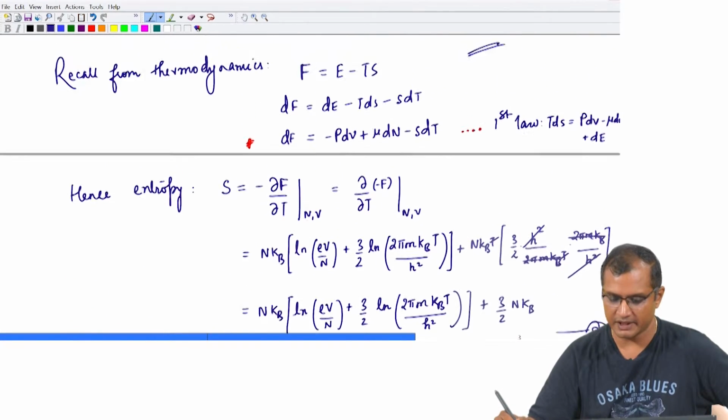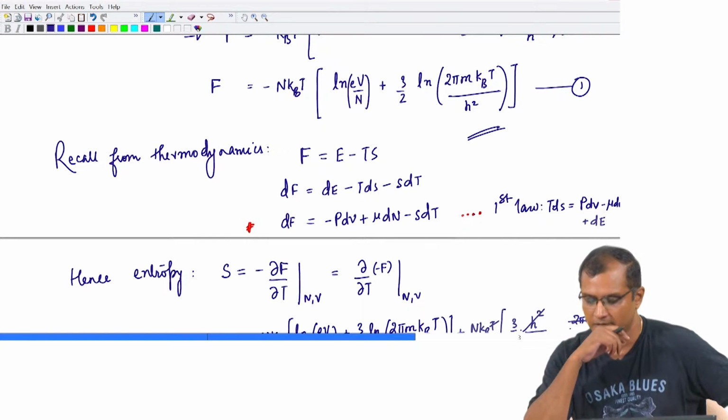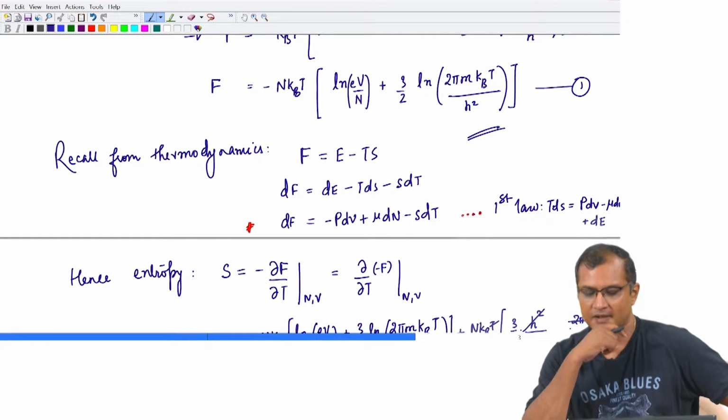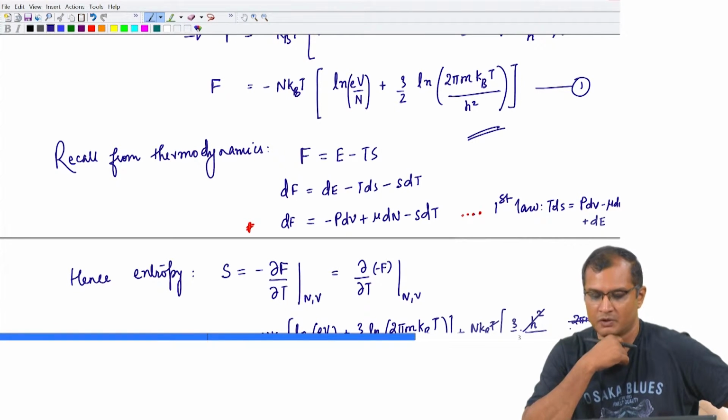Now, if you look at the expression for Helmholtz free energy, you can see that only the first term in the square parenthesis has a volume dependence. The second term does not have that dependence. So, I am just going to take the product of nkT into ln(eV/N) as the free energy term.